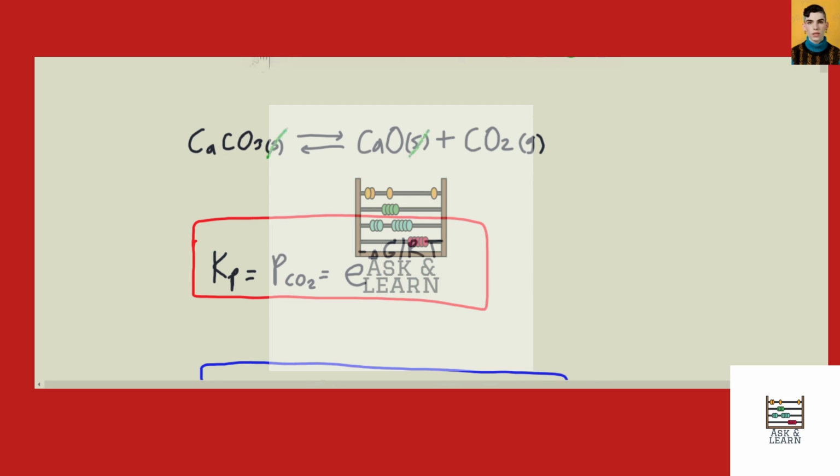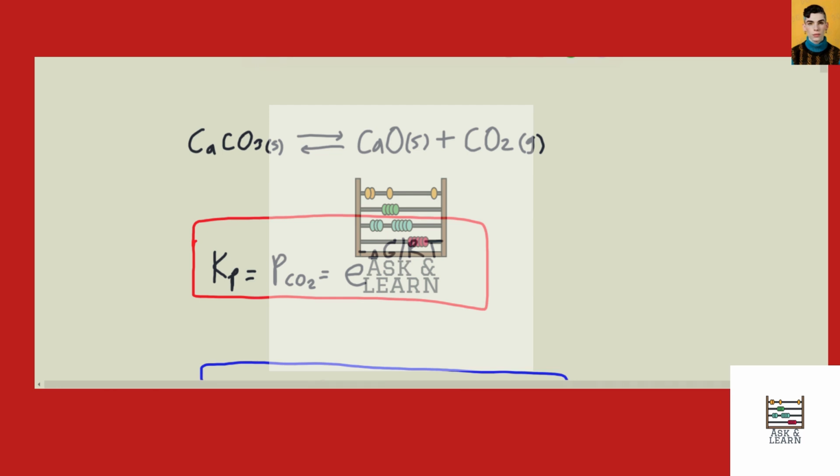If we have aqueous species, then we are looking for a value of Kc, since we have concentration values. But the only non-solid that we have in this equation is this carbon dioxide gas, and so we use Kp since gas concentrations are represented with partial pressure values.